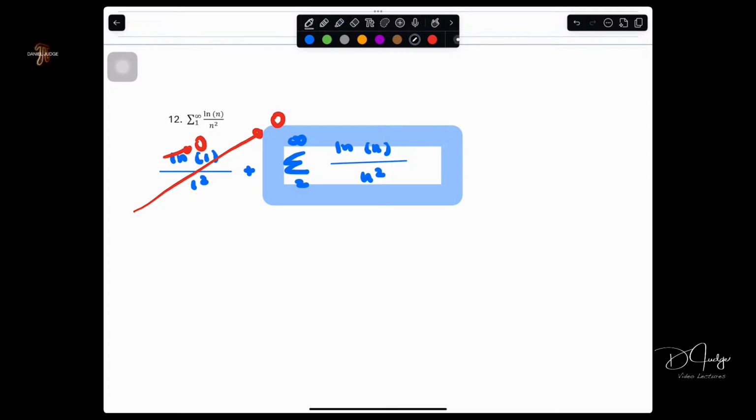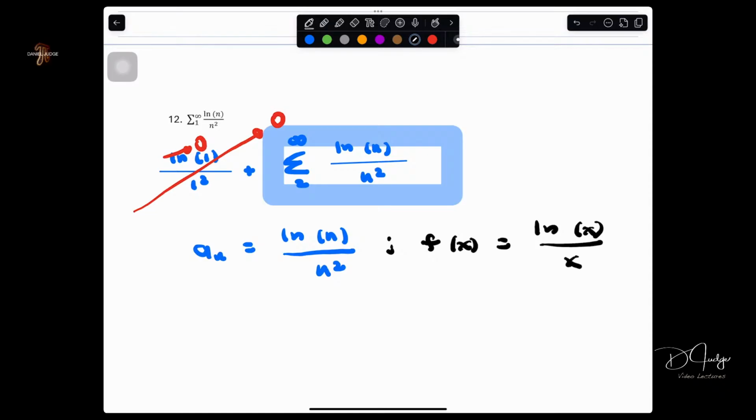So a_n is natural log of n over n squared, which means your function is natural log of x over x squared.